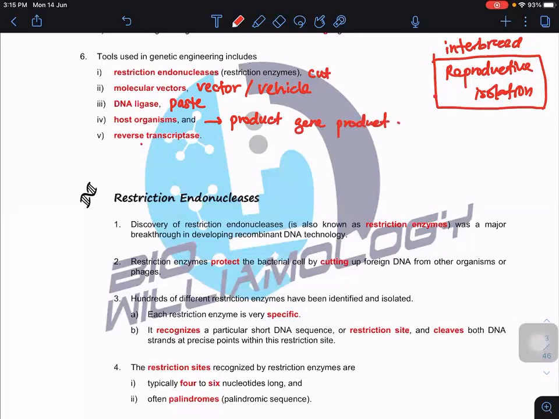Reverse transcriptase. From the word transcription, we know that transcription uses DNA as a template to form mRNA, right? This is the transcription process.